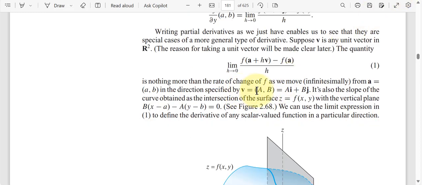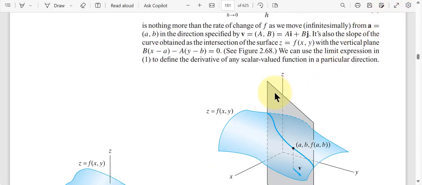So here they say the vector v, and we can give it some coordinates, just like we do with all vectors. And we can also write it this way, just like we can do with any vectors. When we write it this way, we can alternatively write it this way. And visually, we could sort of draw a plane in that direction and imagine that it cuts the surface.